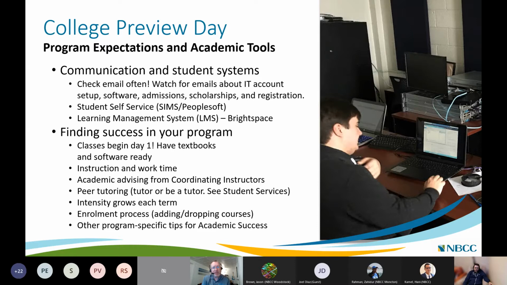In terms of the jargon and the way things work, I'm an instructor, and we have other instructors that we work with called coordinating instructors. The coordinating instructor also teaches like we do, but they're kind of the go-between between the students and us. They do a lot of extra administrative work to help the students and to help us as the instructors.